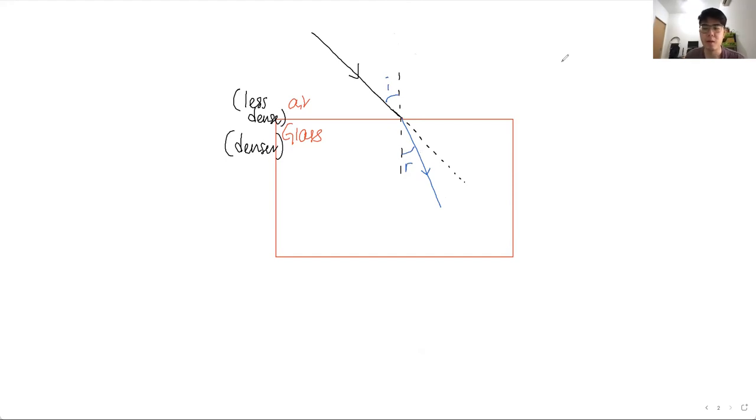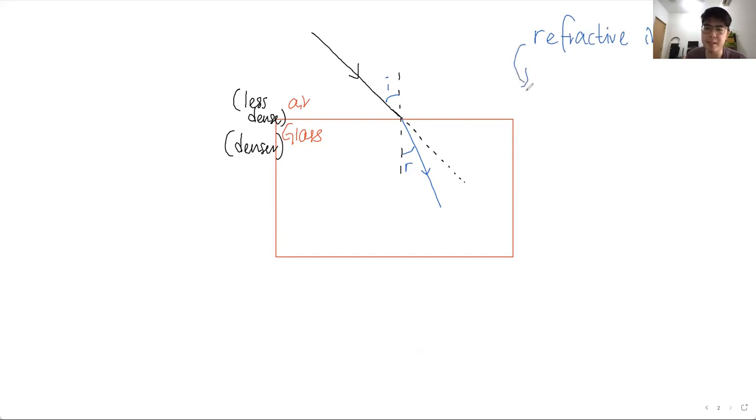Okay, now there's one physical quantity we call the refractive index. It has a symbol of n. This is a new term.